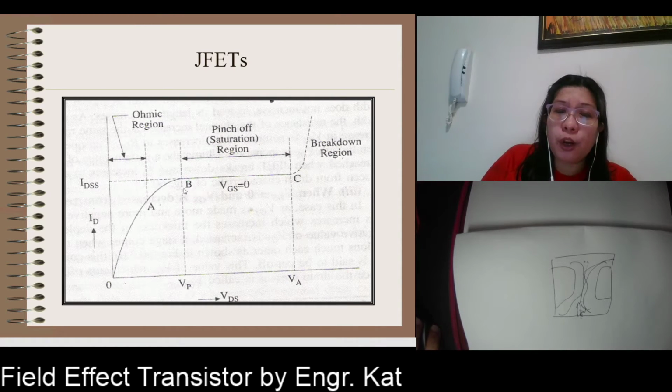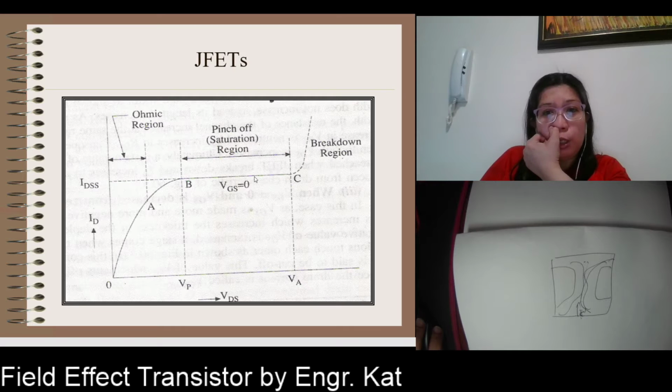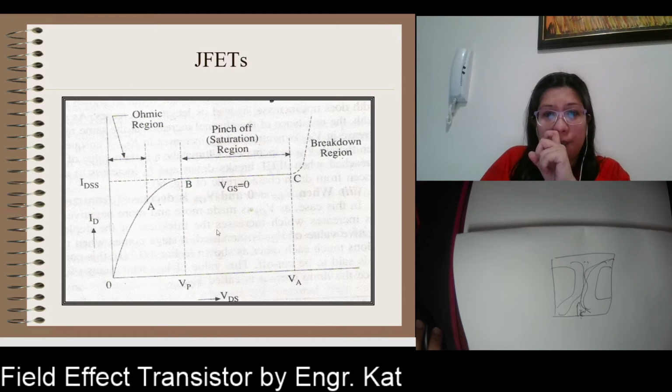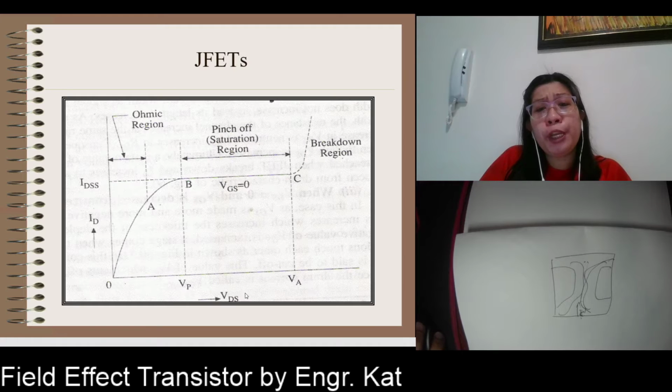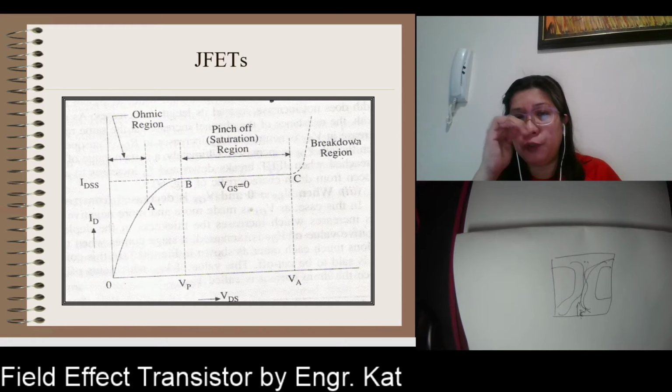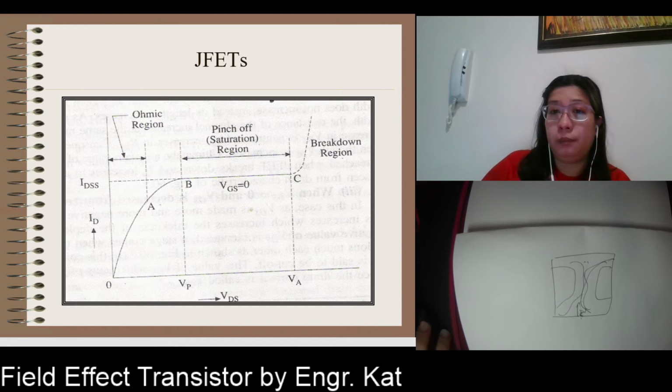Your current will be of the same value, it will remain constant, and the value is equivalent to IDSS. Always remember, IDSS is only possible when your VGS is equal to 0. This is what we call the pinch off or the saturation region. Furthermore, increasing your VDS, what happens? Your current increases more than your IDSS. When this happens, this is already the breakdown region for your transistor.